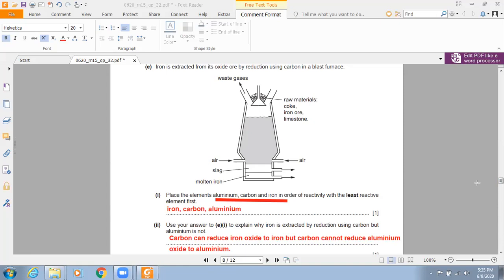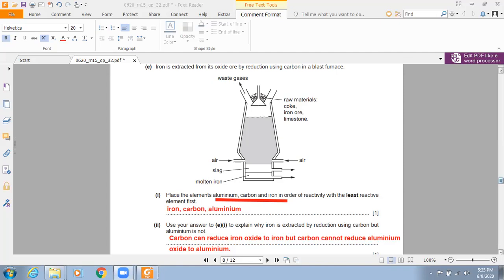So the carbon reduction method can be applied for iron extraction, but not for aluminum extraction, because aluminum is more reactive than iron. So I have written the answer here. Carbon can reduce iron oxide, whereas carbon cannot reduce aluminum oxide to aluminum. The reason is the reactivity, which is already explained.